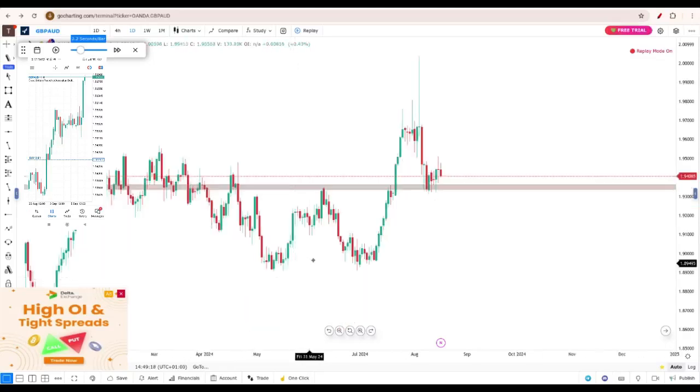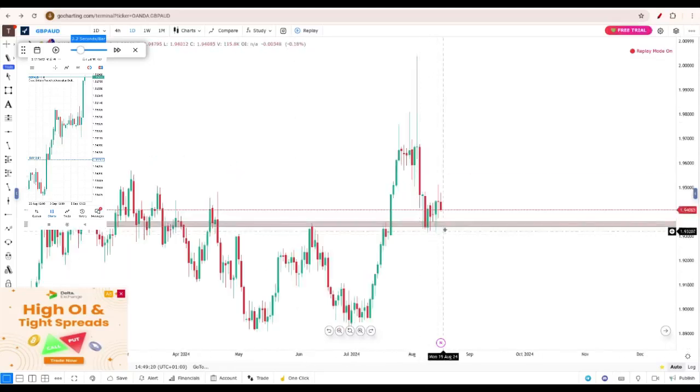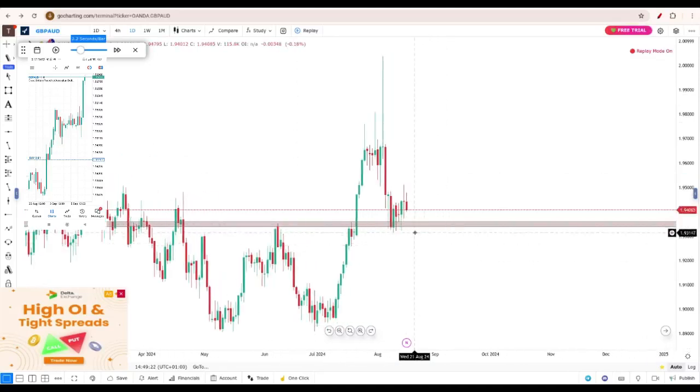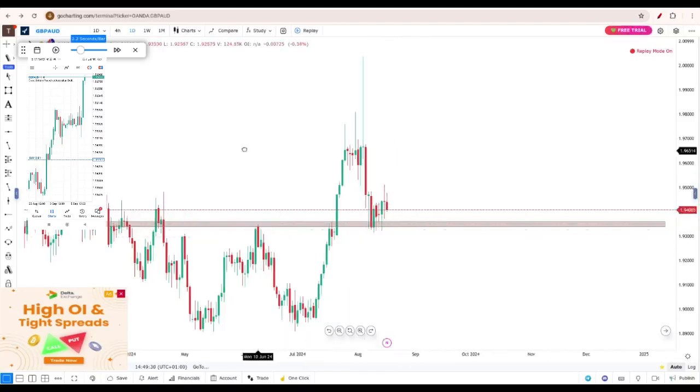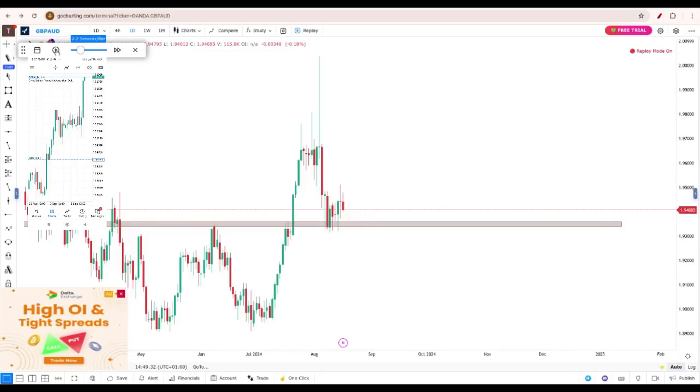So that's why I didn't enter here. So I have to wait again to see if I can see a reversal pattern within this zone. So this is another stage of waiting. So let me just play it. You can see how much planning I put into my trading.